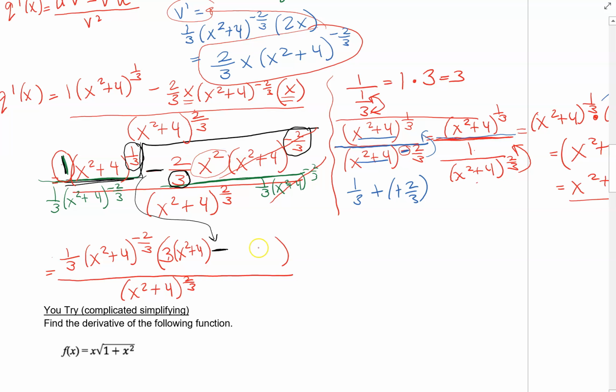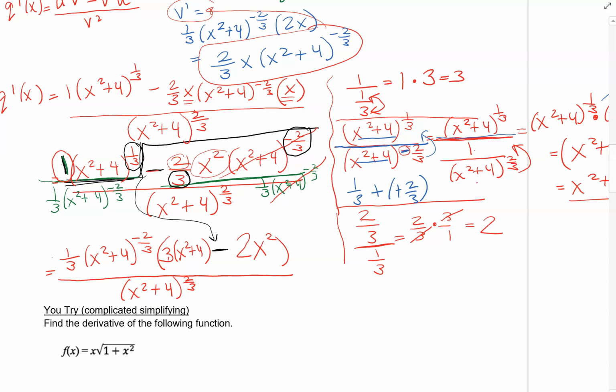The x squared will still be there, so I'll just drop that down. And then I just have to figure out what happens if I do 2/3 divided by 1/3. So again, when you're dividing, you multiply by the reciprocal. So basically the 3s just cancel out, and I'm just left with the numerator. So I'm just left with a 2x squared from this second part.